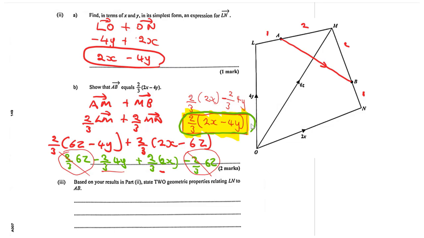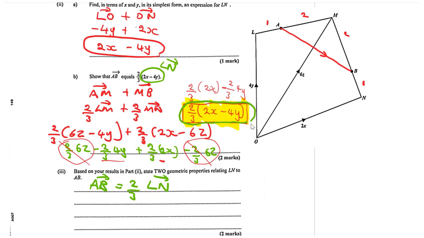What this is saying is that we can express one vector in terms of the other. Because 2x minus 4y is vector LN, I can write vector AB is equal to 2/3 of vector LN. That is, vector AB is a multiple of vector LN.